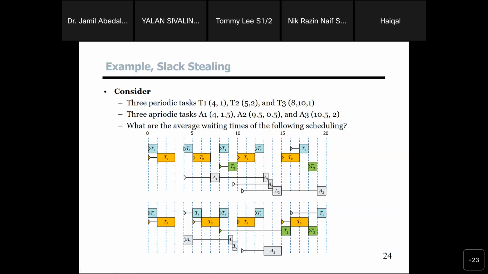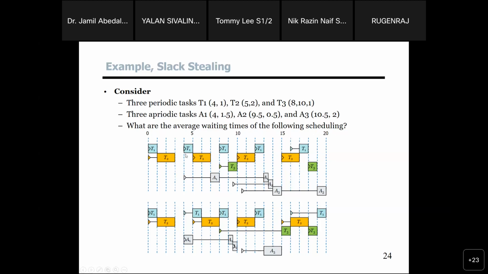Anybody can tell me why we didn't execute aperiodic? Doctor, is it because the A1 starts at 4? Because it starts at 4. Excellent, Rojin Raj. Yes, because the release time of A1 is at 4. So since it released at 4, how we can execute it before 4? But we cannot execute aperiodic job at 4 since we have the priority for the periodic job.